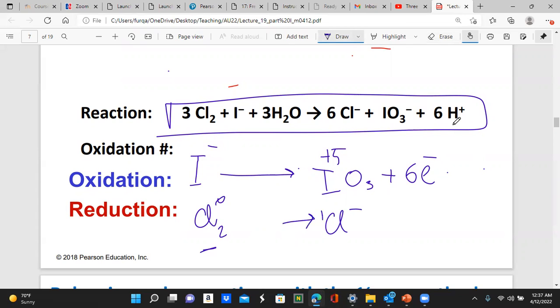So it's going to be 2 chloride ions coming out of this diatomic chlorine. So how many electrons are being gained here? It's going to be 2 electrons.